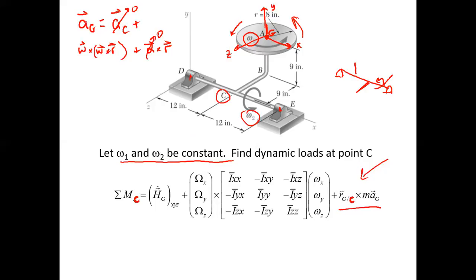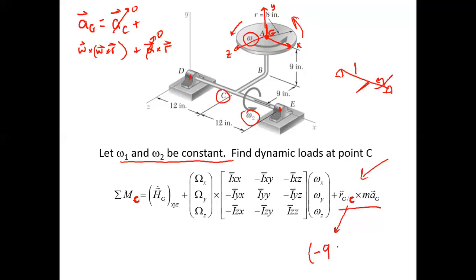Okay, so how do I figure out what my R is? Can I figure out what my R from C to G is? What is that going to end up being? I've got to use a little trig, but remember, it's just a vector, so it's not too bad.